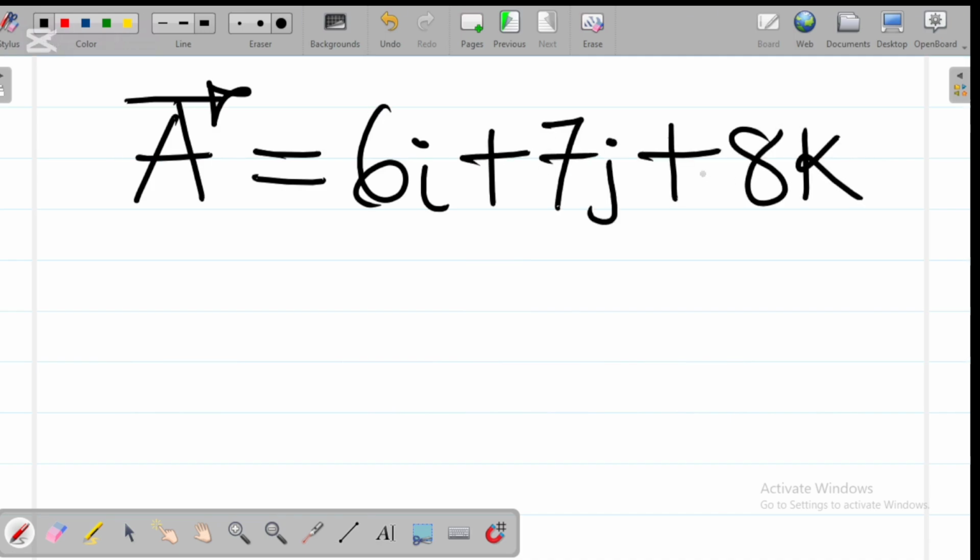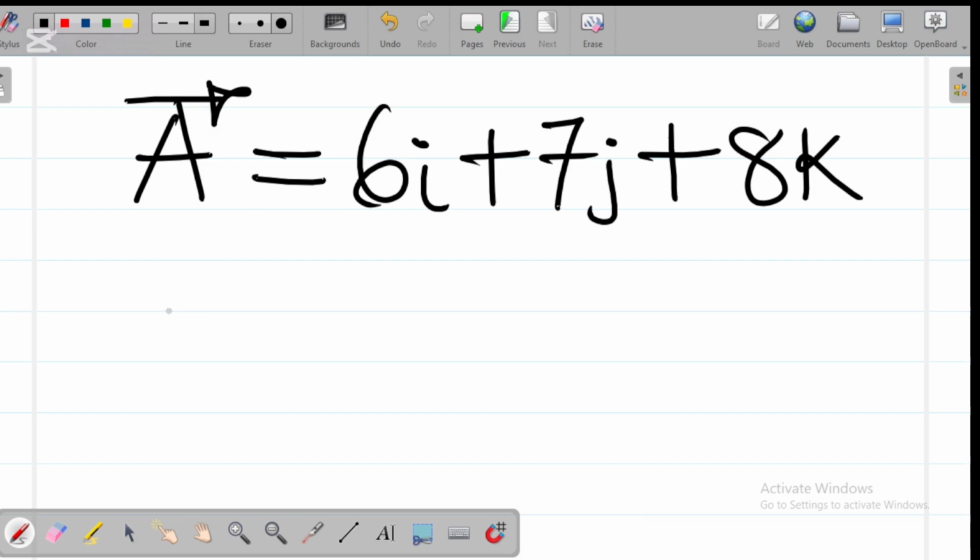All right, so if vector A is equal to 6i plus 7j plus 8k, and we are asked to find the unit vector of A, how do we go about it?